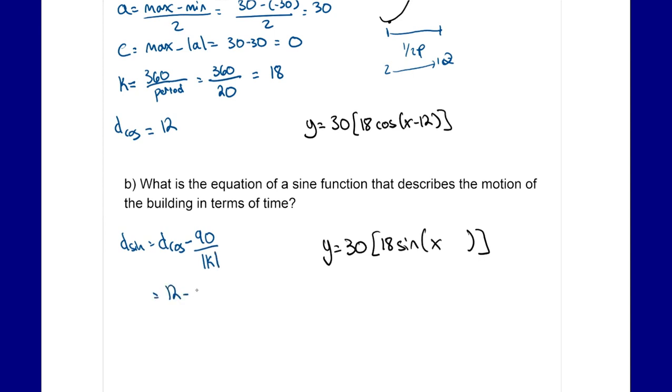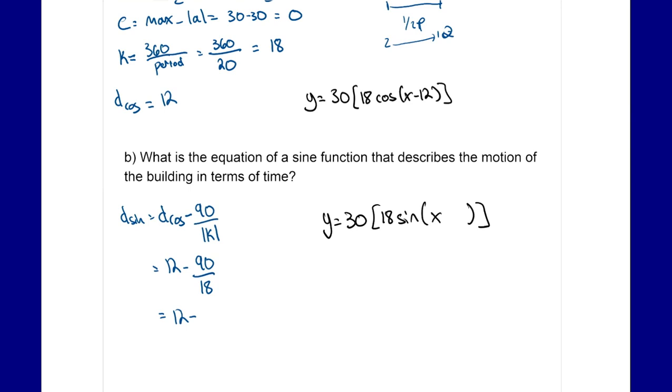So we have 12 minus 90 divided by 18. 12 minus 5 equals 7. So that means the horizontal shift for our sine function will be 7. So x minus 7. So that is our equation of a sine function that models this.